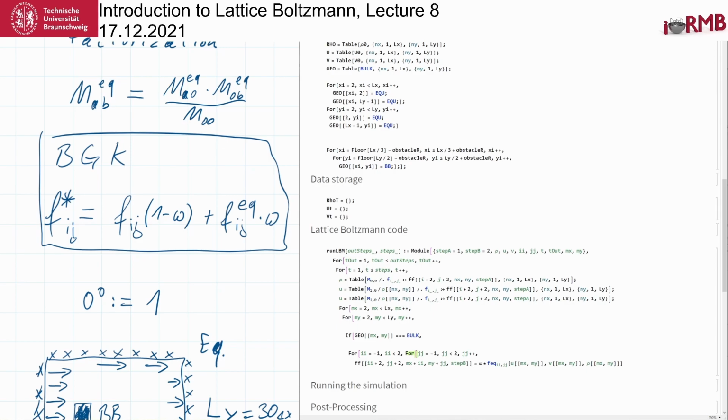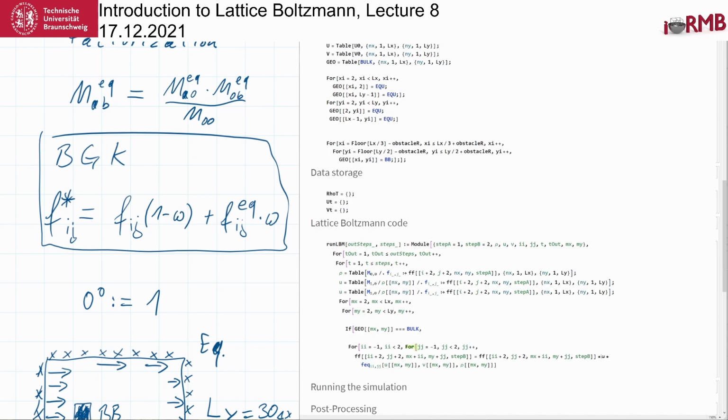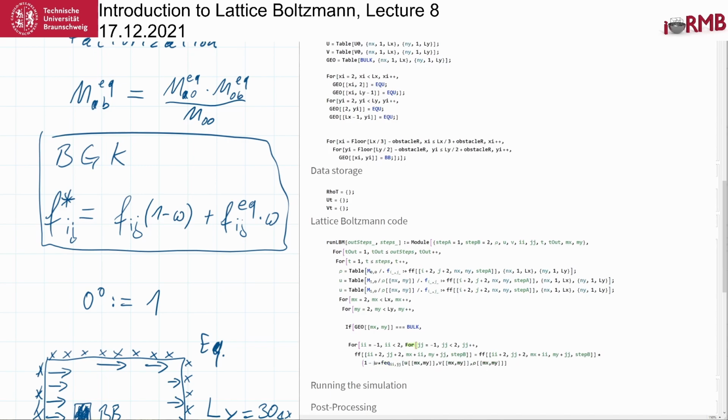The pre-collision distribution looks similar to this post-collision distribution that we've written here. So I just copied this times 1 minus omega, and this plus this here. So there are two differences. First, I have to subtract this here, and now we get this from the set A.